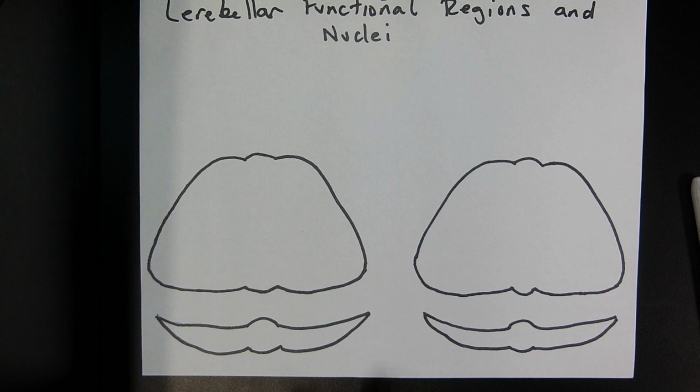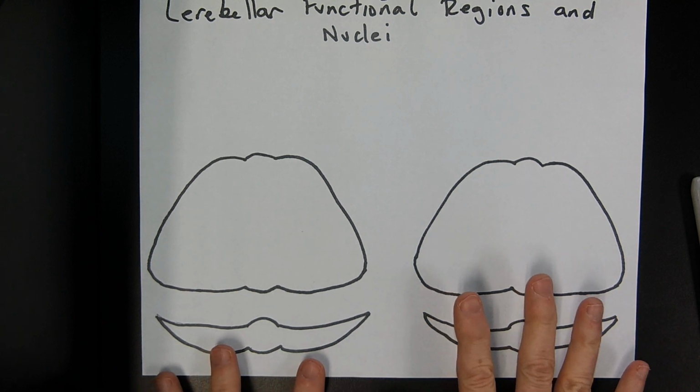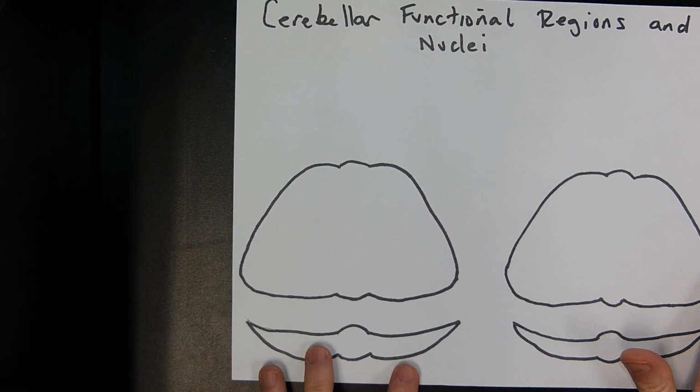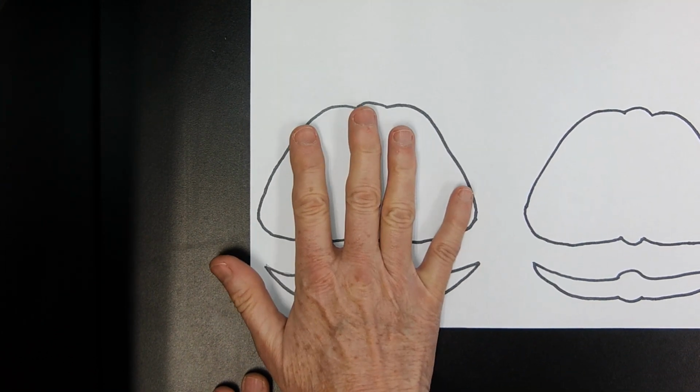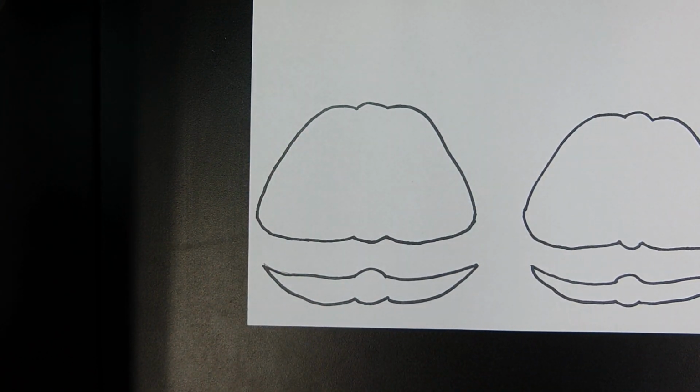Okay, and just like we started out before, I have two things here. On this side, I'm going to draw the cerebellar functional regions, and I'm going to start here on the left side of the page. So thinking about function, different parts of the cerebellum, not necessarily associated with anatomy, have different functions.